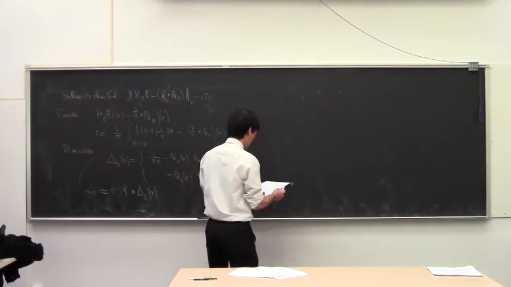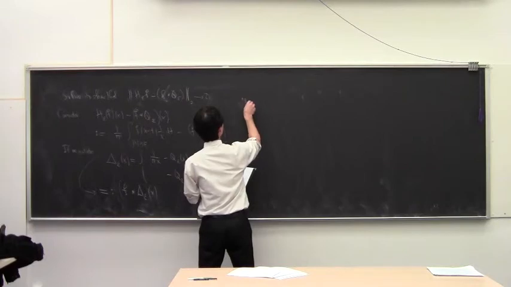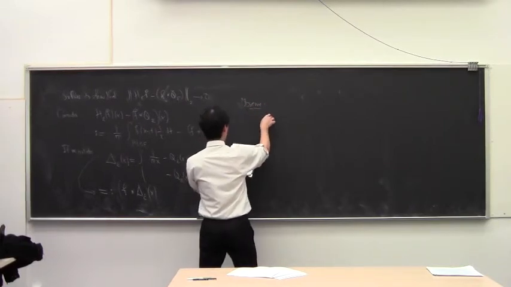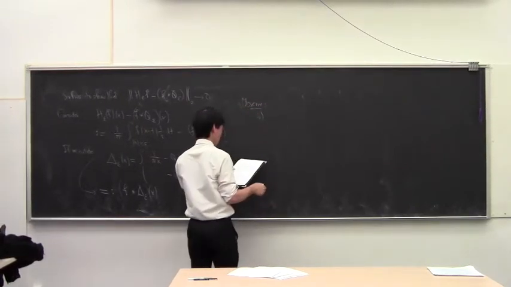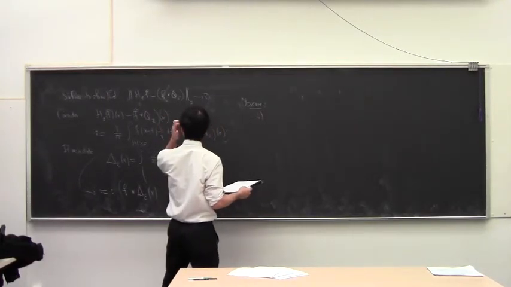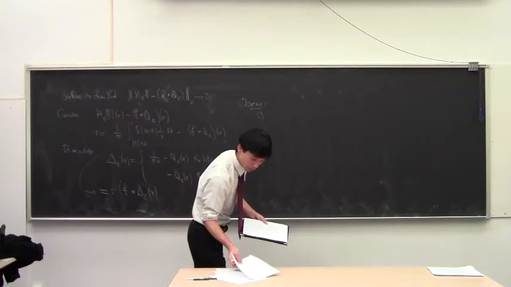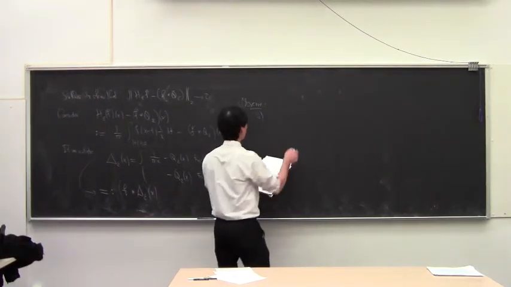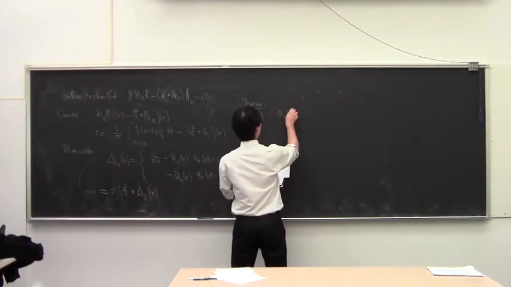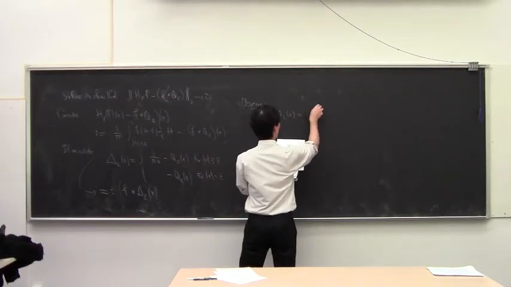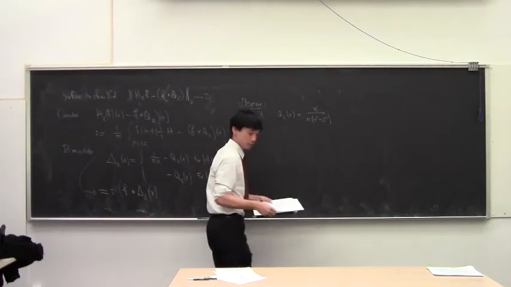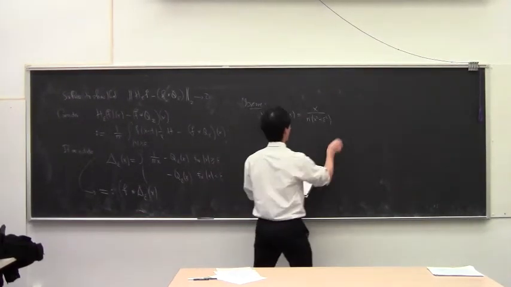Okay. So let's make some observations. First, well, you remember what q was, right? q epsilon of x is x over pi times (x squared plus epsilon squared), which is odd.